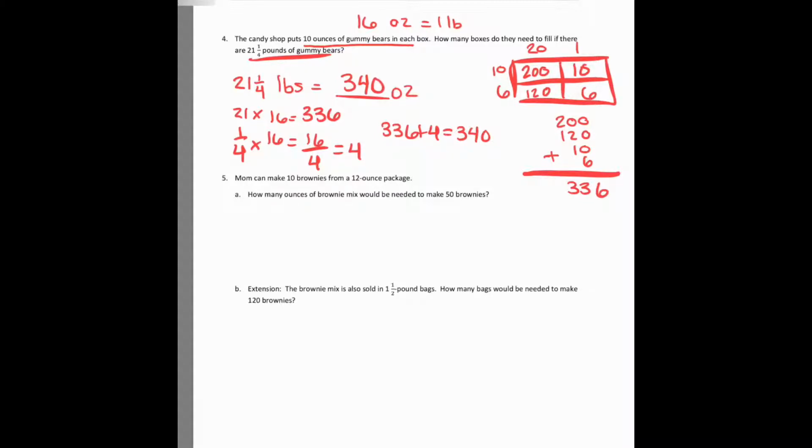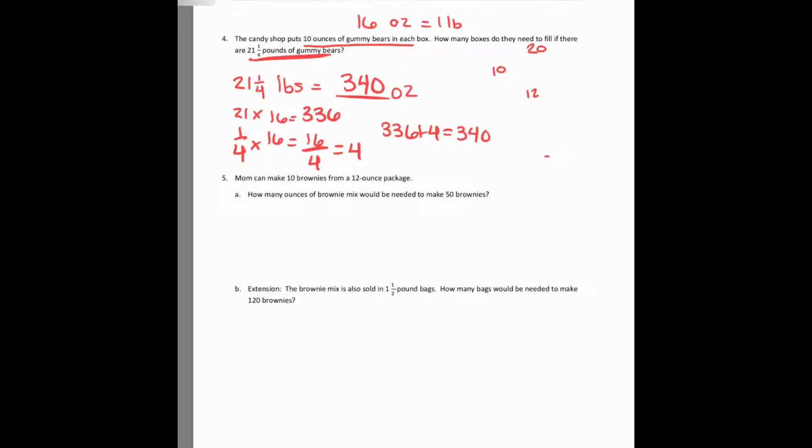But now that's not the final answer. It asked us how many 10 ounce boxes we could get. So we have 340 ounces to separate into 10 ounce boxes, which means we need to divide 340 by 10 because each box is going to have 10. Now instead of setting up a stacked division, you just need to think about it, because if it's a multiple of 10, it's really easy to figure out what times 10 will give you 340.